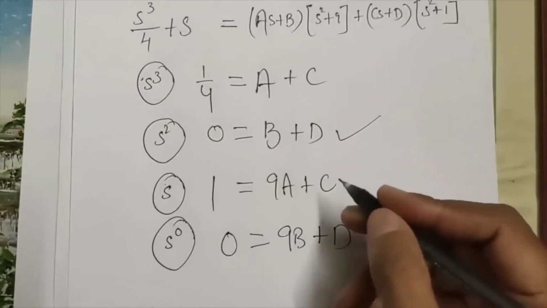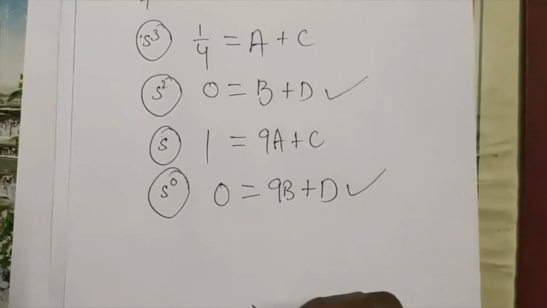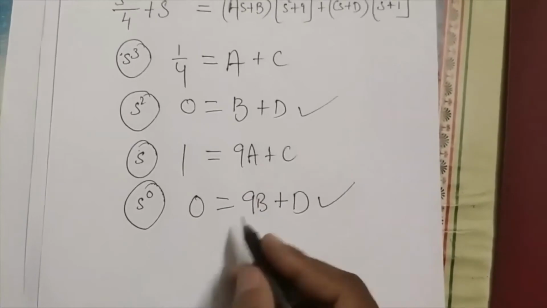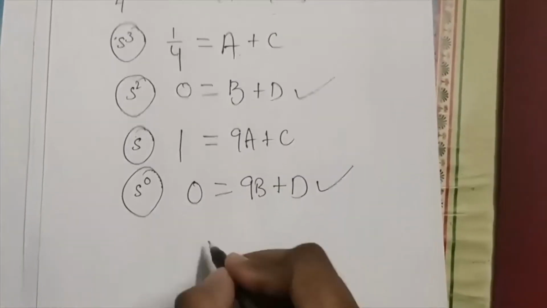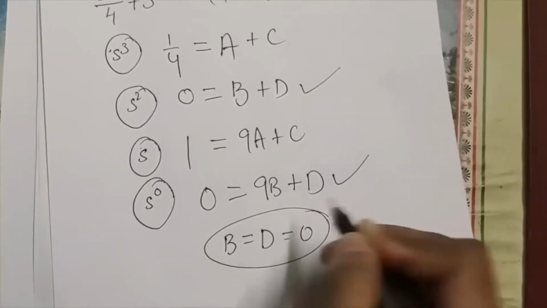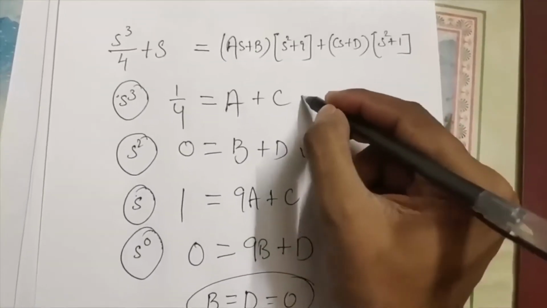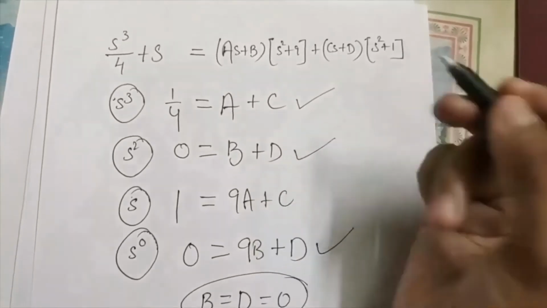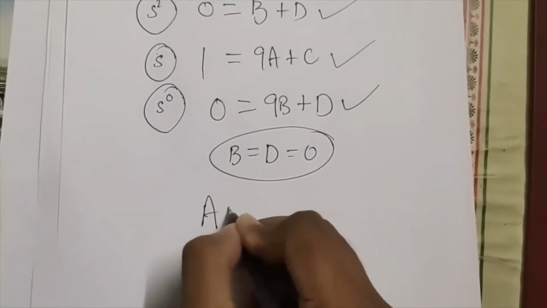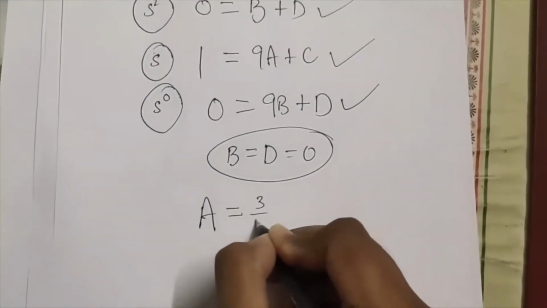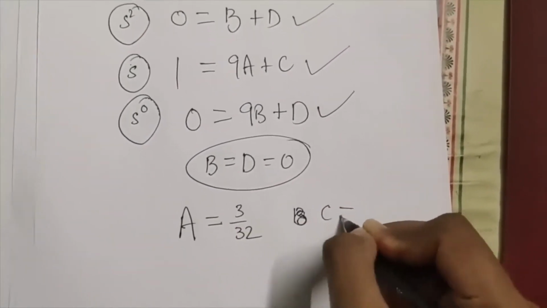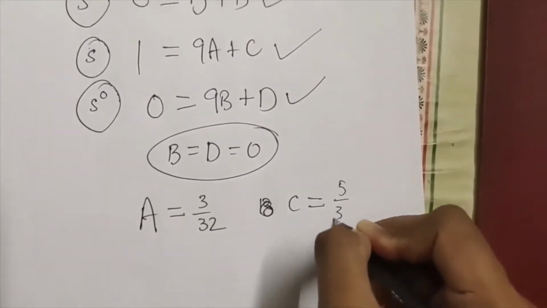So it is very obvious from these two expressions, b plus d is equal to 0, 9b plus d is equal to 0. Even if you solve these two expressions, we can clearly see that b is equal to d is equal to 0. So we are left with two expressions. If I solve the first and third expression, we'll get a value as 3 by 32 and c value as 5 by 32.